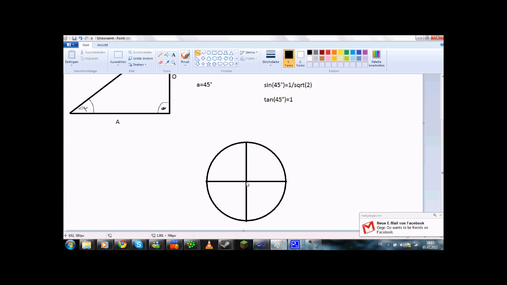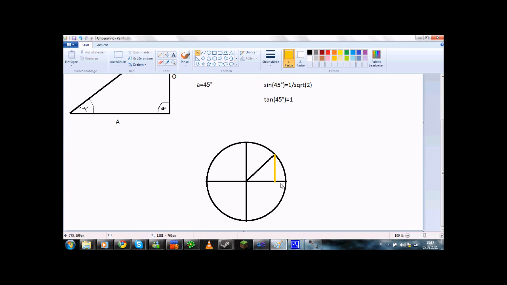Now, if we draw any line here from the origin of my coordinate system to this circle, this line has length 1. And what we can do is we take this point right here and we split it up in its x and y coordinates. So let's just do that. How do we do that? Basically, we think of a vertical line here. So let's take this line, all right?